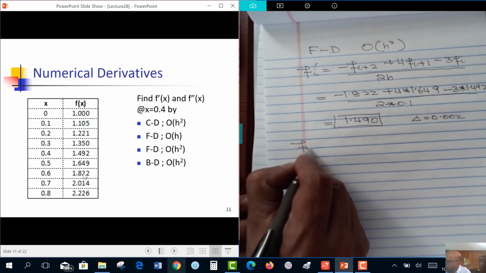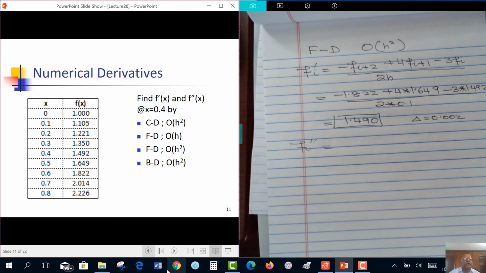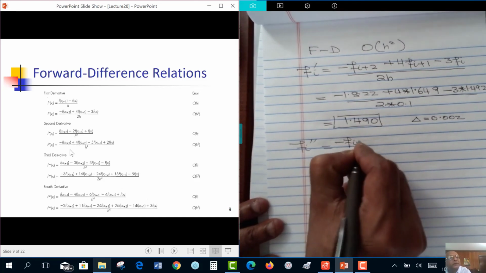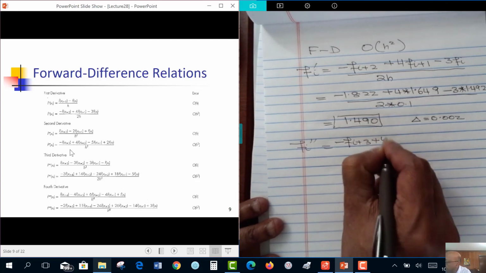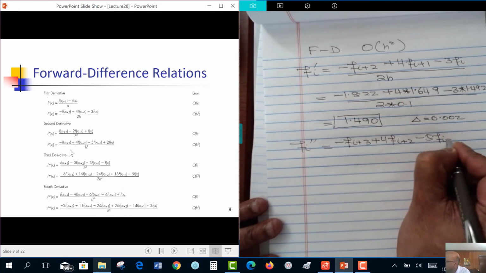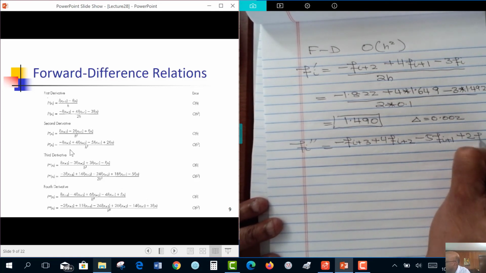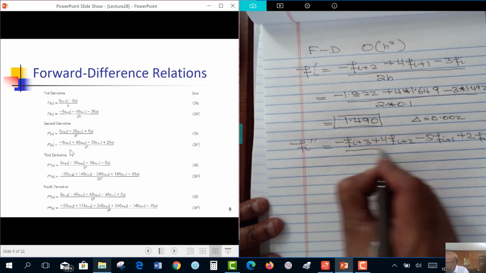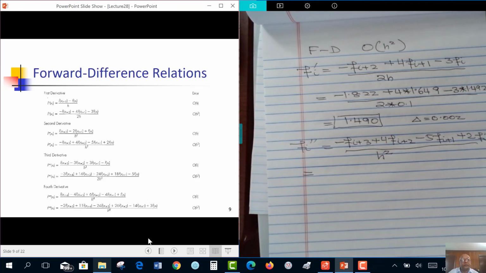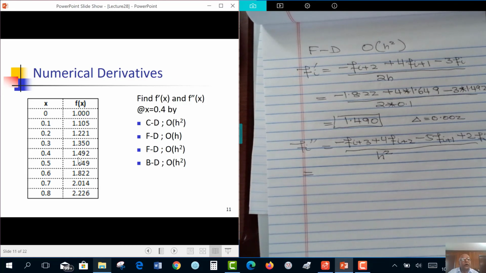Okay, let's do one more. Let's do the second derivative. So let's go look up the relationship. Order h square, here is our second derivative: (minus fi plus 3 plus 4fi plus 2 minus 5fi plus 1 plus 2fi) divided by h square. So i plus 1, i plus 2, i plus 3.